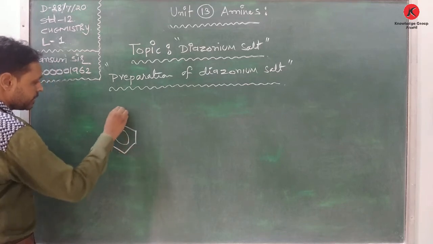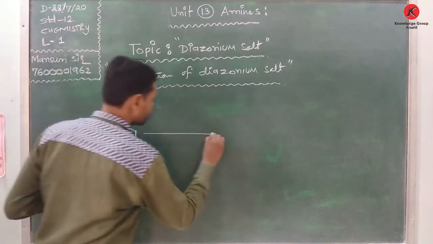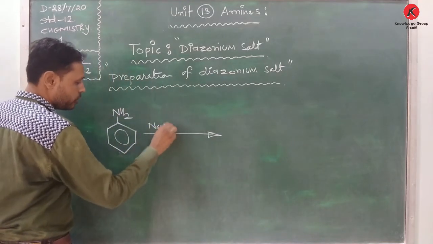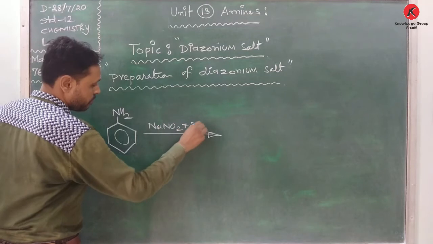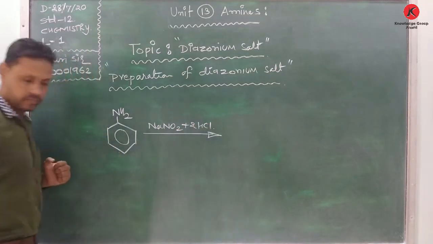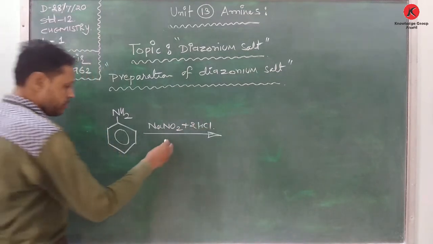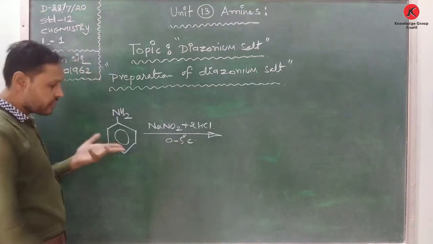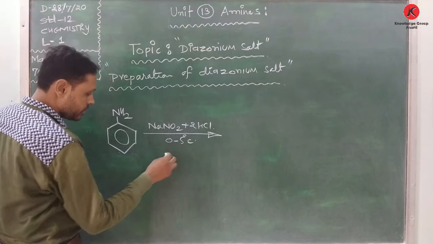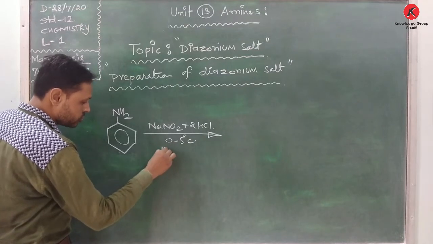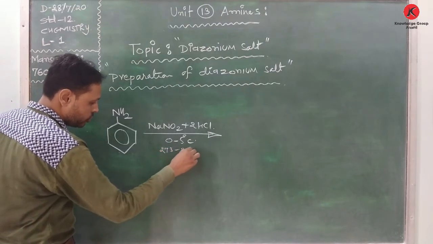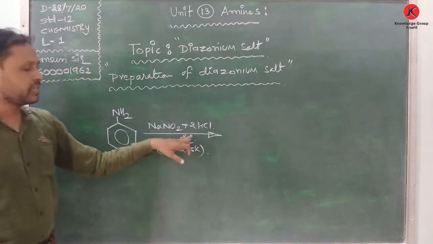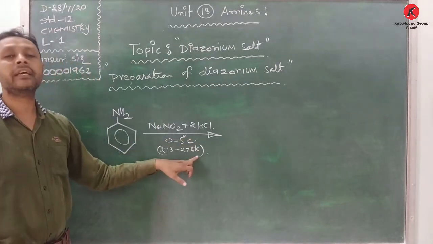Now aniline reacts with the mixture of NaNO2 plus 2HCl by maintaining temperature 0 to 5 degrees Celsius. In other words, 273 to 278 Kelvin temperature. This is in degree Celsius, this is in Kelvin temperature.